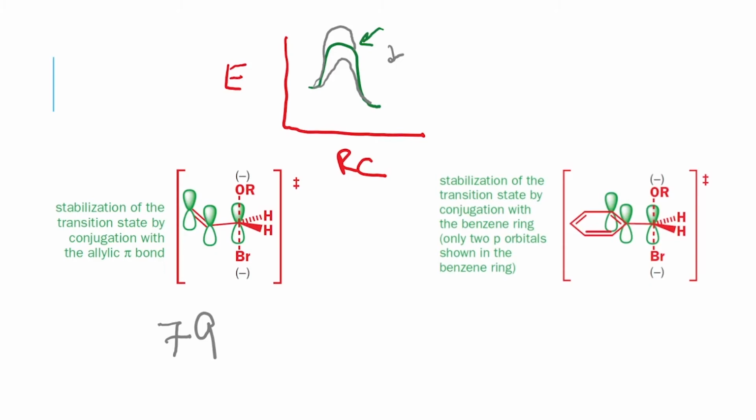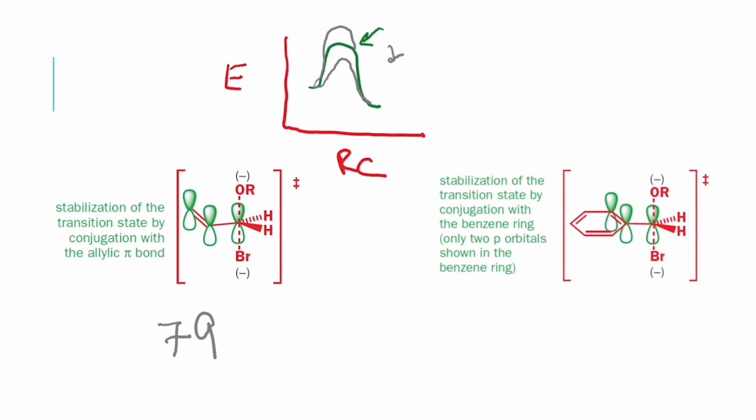Now going to the benzyl group here, we also find that the rate goes up further. In the benzene ring you have a complete aromatic ring that can interact with this, and so some level of extra stabilization is achieved by moving from allyl to benzyl, and therefore the rate goes up somewhat.